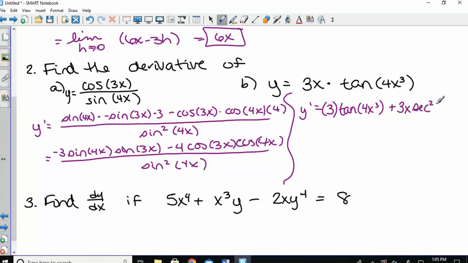Derivative of tangent is secant squared, inside stays the same, times derivative of the inside, which is 12x squared. So we get 3 tangent of 4x cubed plus 36x cubed secant squared 4x cubed.